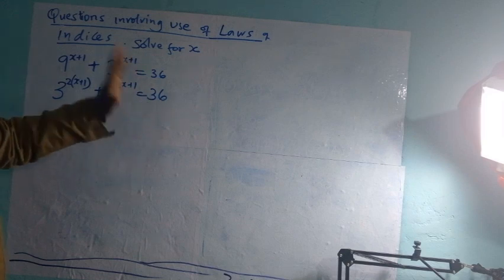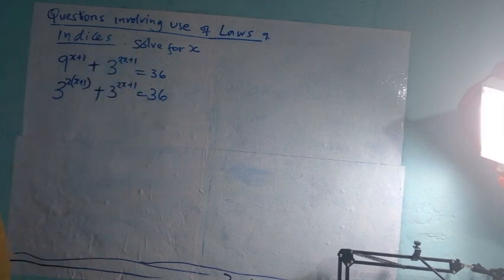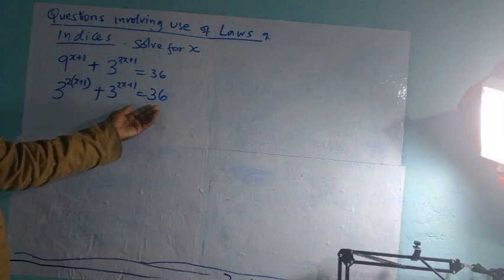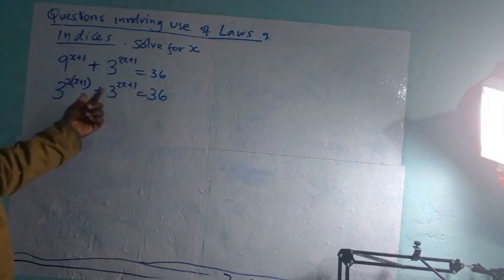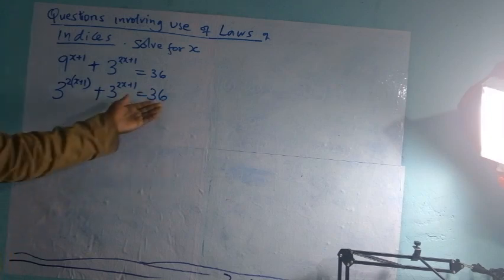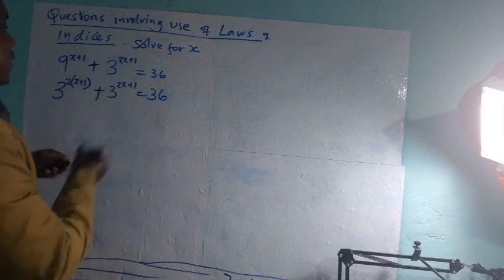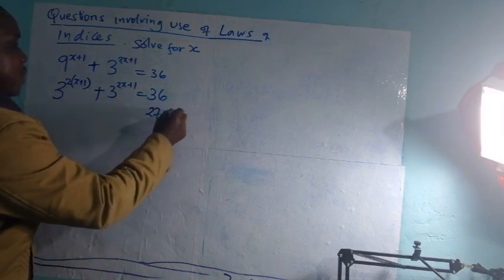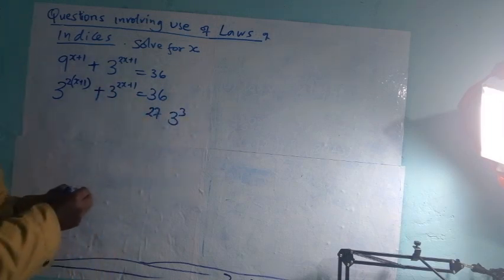I have 2 methods. For the first method, leave 36 alone because it is not obvious for you to write this one to power 3. If it was 27, fine, we could write 3 to power 3. But now that's not the case.